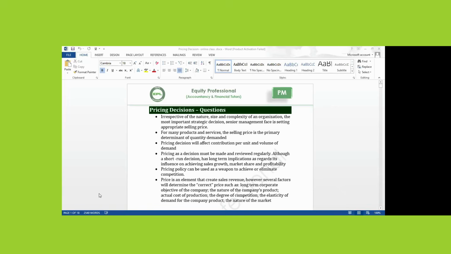How do companies determine price for their products? If you are to buy a bottle of Fanta, you pay 500 naira. How does this company determine the price of 500 naira?